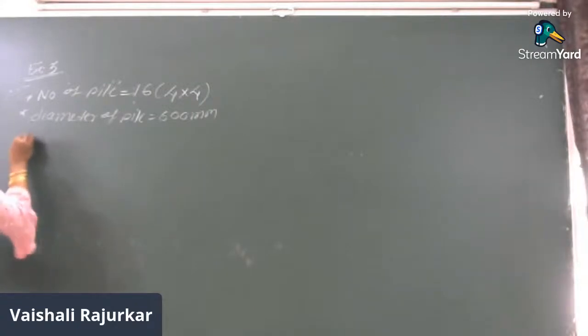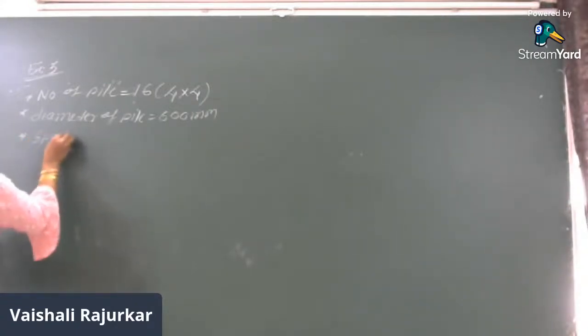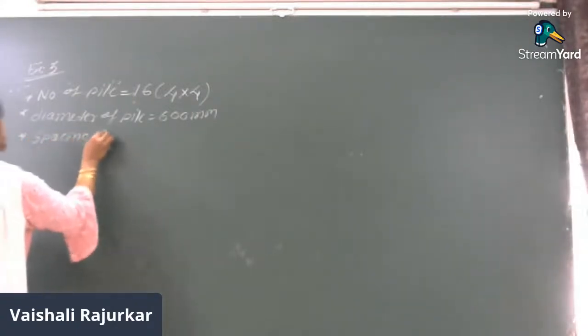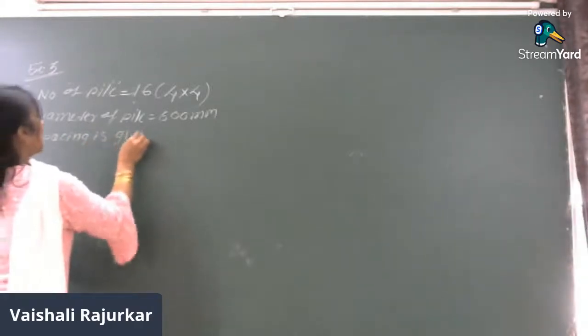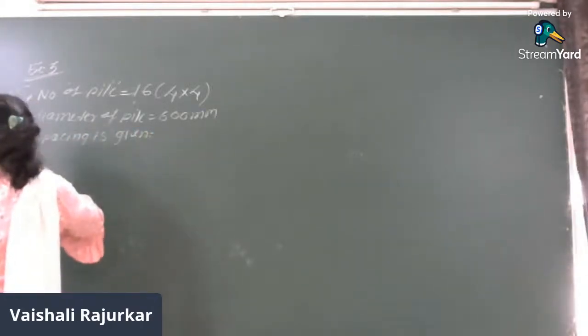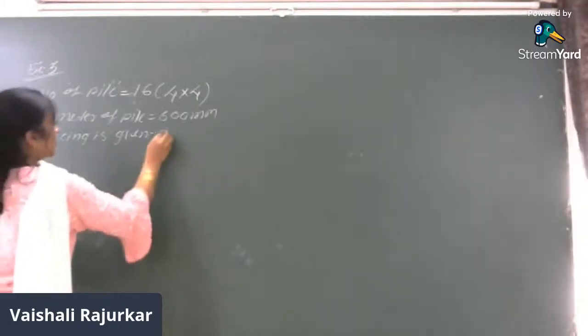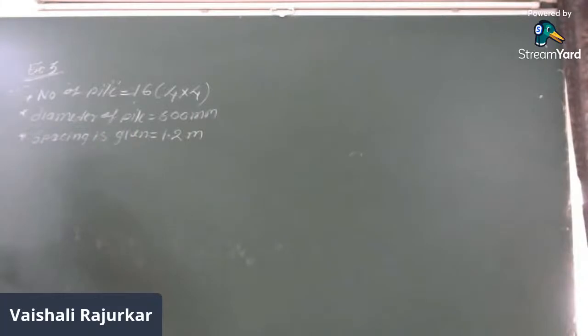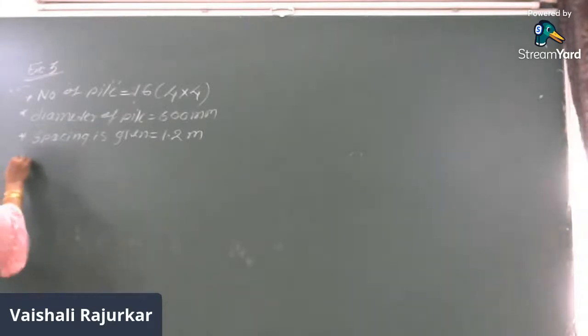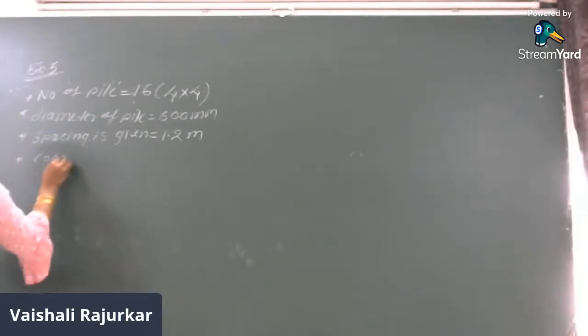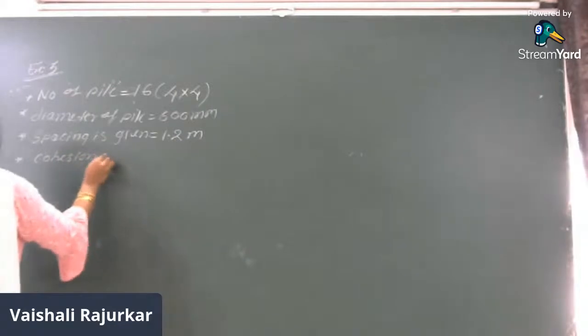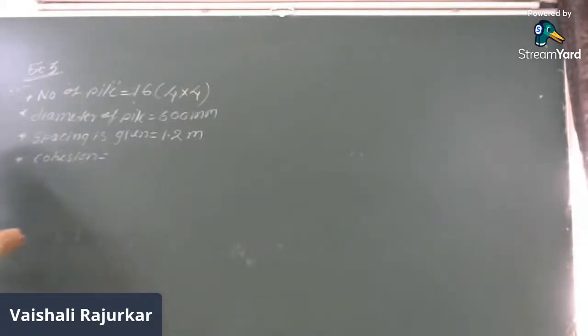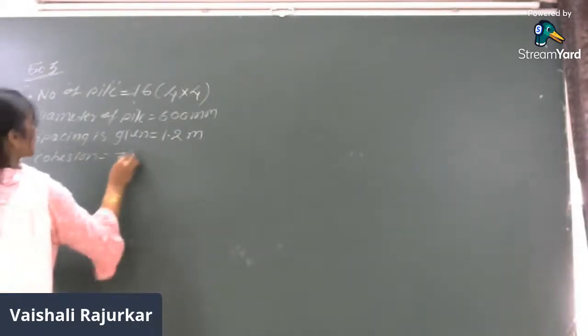Then here the spacing is given, and that spacing is found to be 1.2 meters. Where the cohesion is equal to 30 kilonewton per meter square.